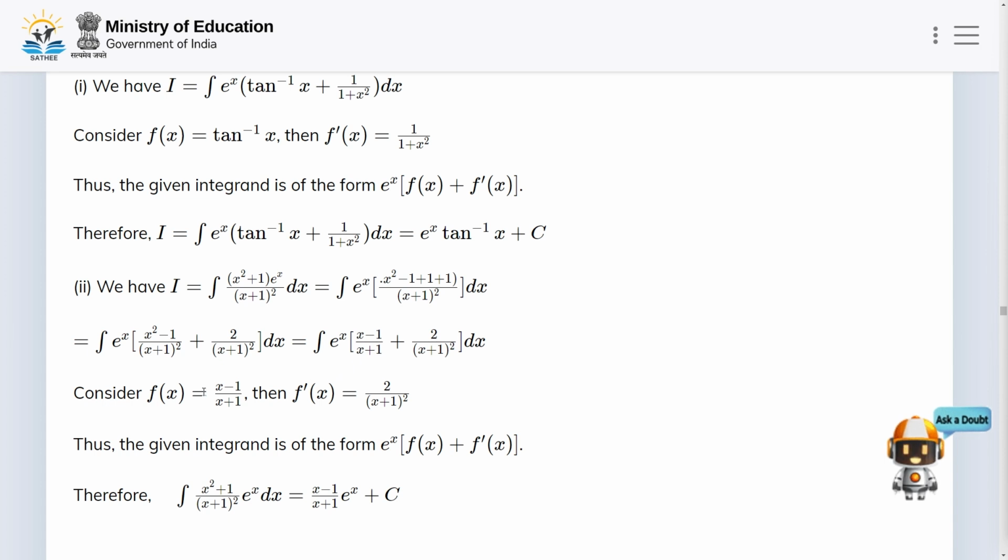Okay, now take f(x) equal to (x minus 1) divided by (x plus 1). This means f'(x) will be what? To find f'(x) we will apply the quotient rule. So denominator multiplied by the numerator derivative, the numerator derivative is just 1, so (x plus 1).